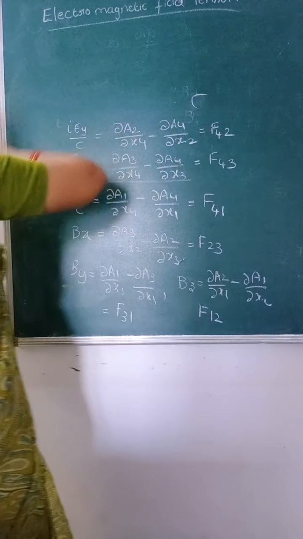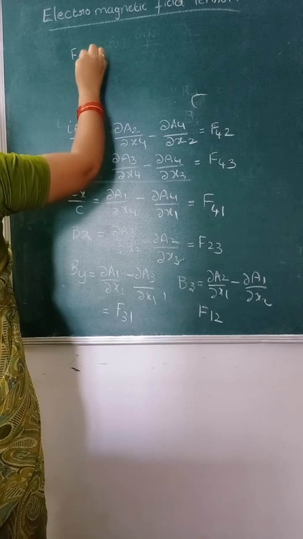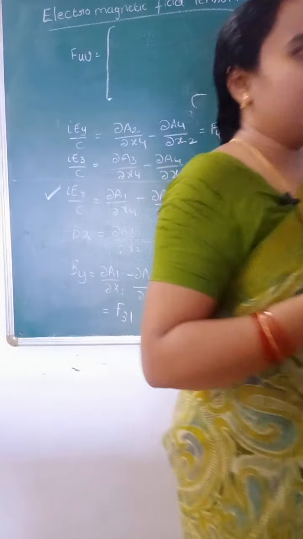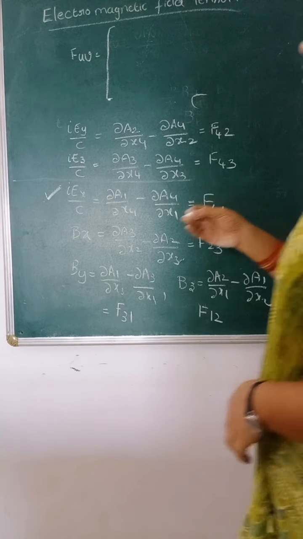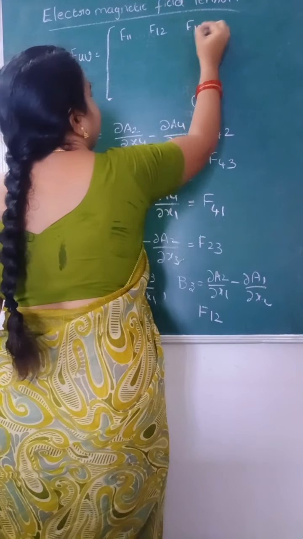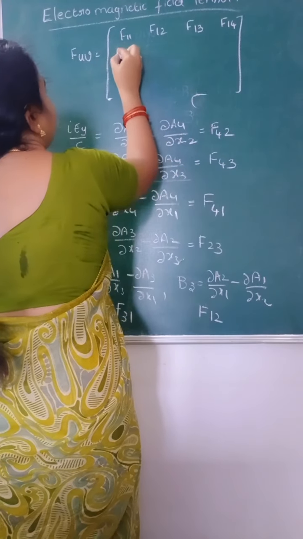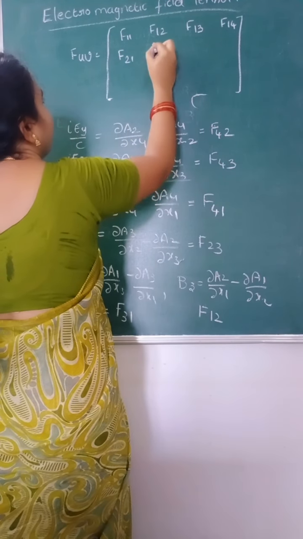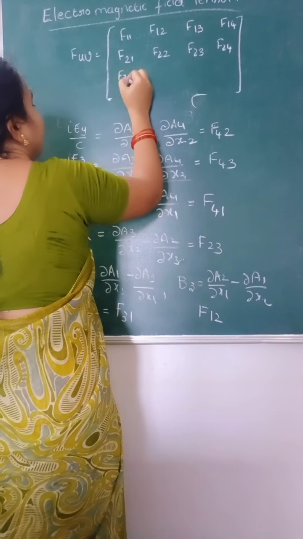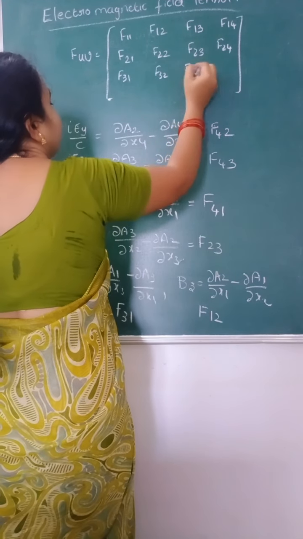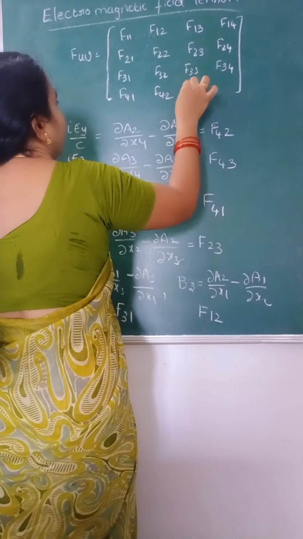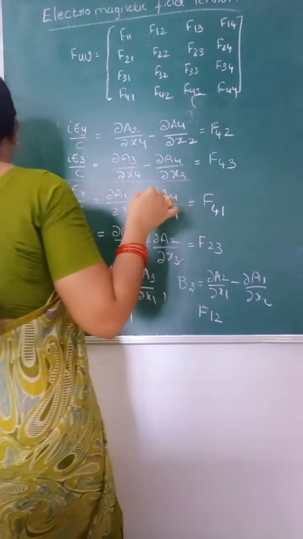The tensor F_uv is written as F11, F12, F13, F14, F21, F22, F23, F24, F31, F32, F33, F34, F41, F42, F43 and F44.